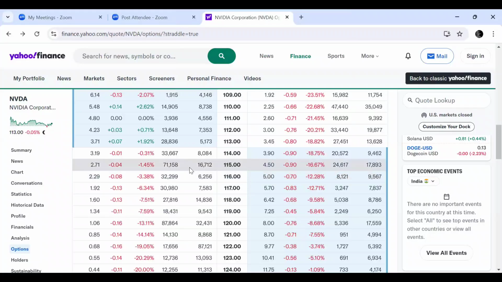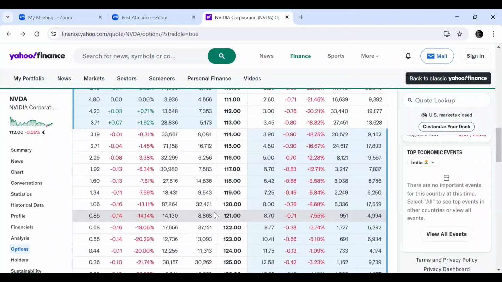So it's like a typical battleground between these call buyers and put buyers. Here, high net worth individuals, institutions and hedge funds engage in strategic battles with each other by leveraging these positions to influence stock prices. As a retail investor, understanding these dynamics and identifying key levels can help you make more informed trading decisions.